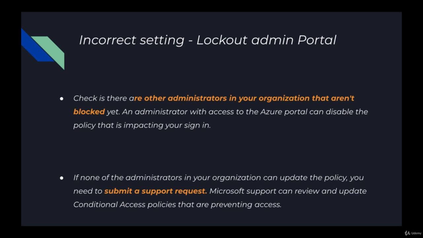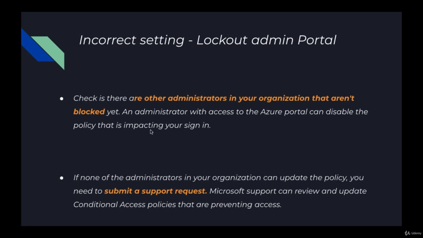Then it would be difficult to log in, and it can create problems within the production environment as well. In that case, check if there are other administrators in your organization that are not blocked. Those administrator credentials can be used to access the Azure portal and disable the policy which is impacting the user sign-in or administrative sign-in.